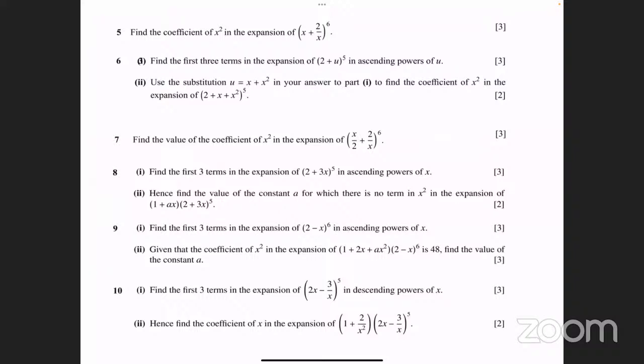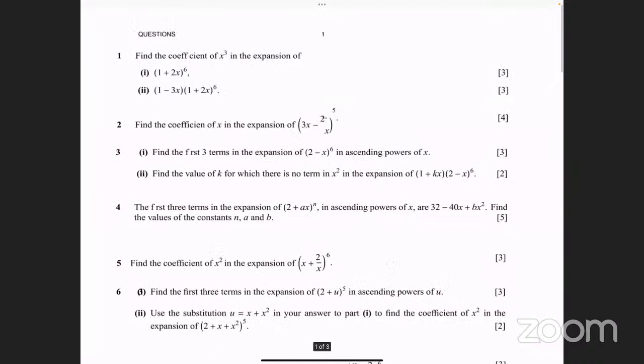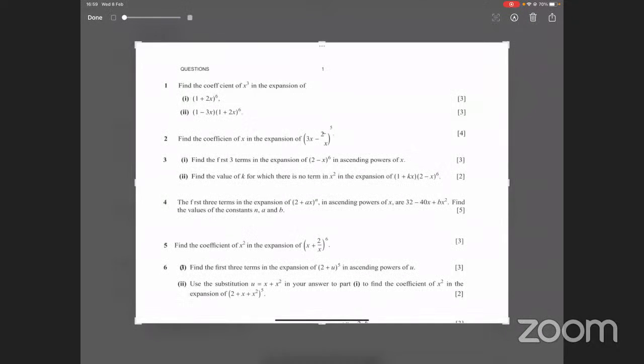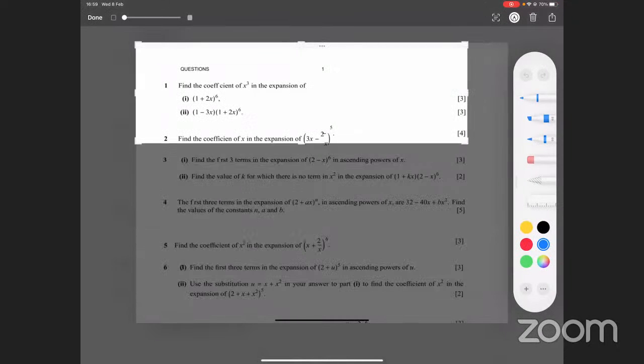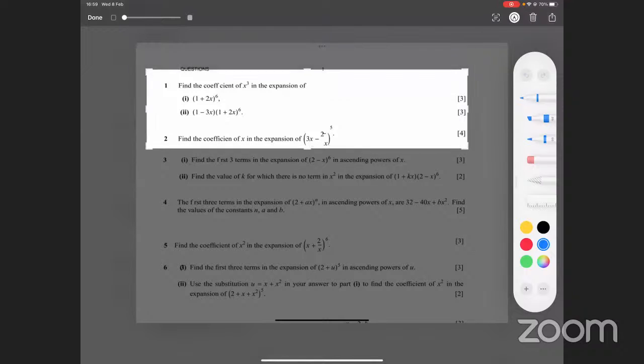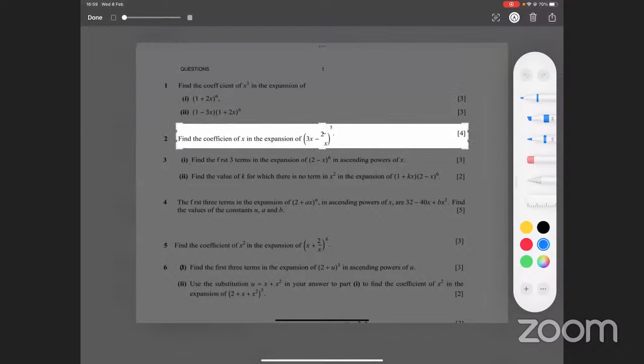Let me just open this and see which questions we should start from. Let's use one of these problems to learn how to find the coefficient of a specific term, or a specific term, whatever is required. Let's start with question number 2, and we'll use this question to learn how to find specific terms in an expansion.